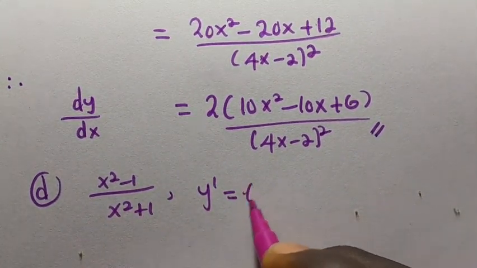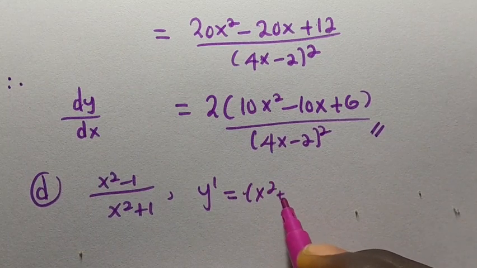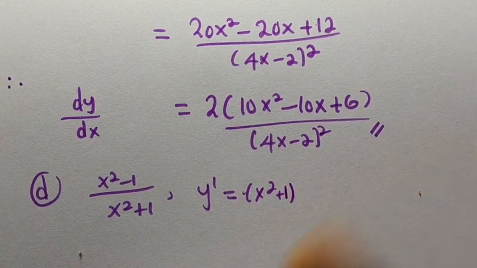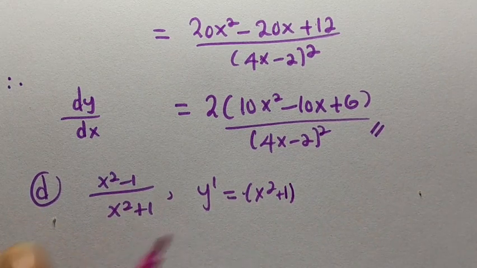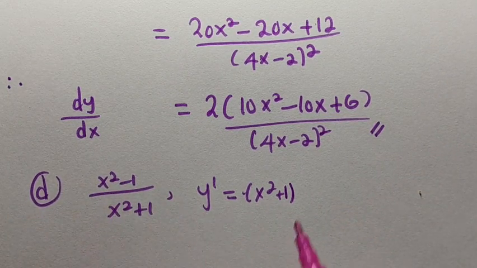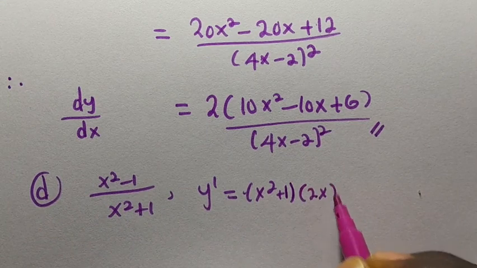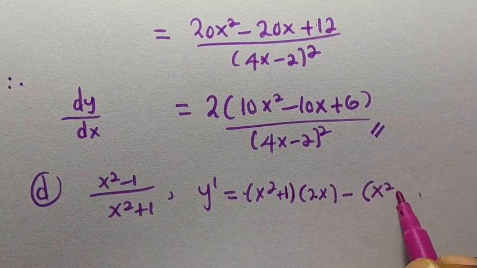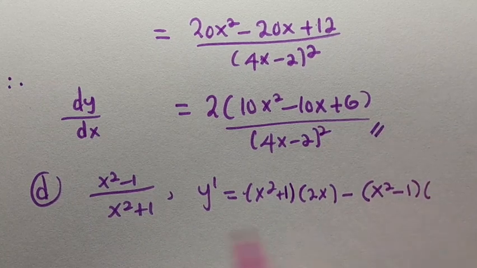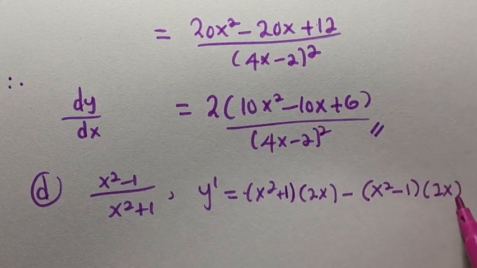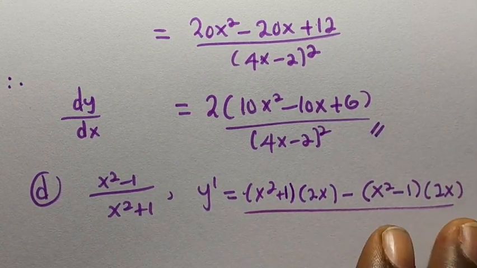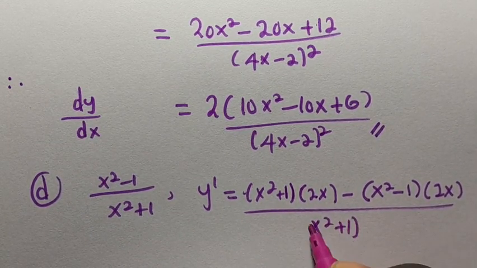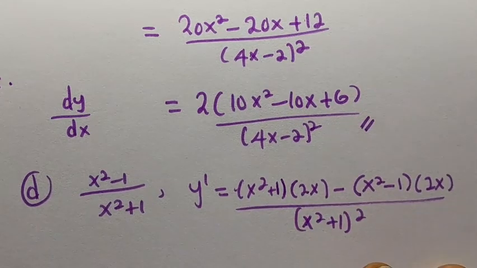We keep it, we have it to be x squared plus 1 multiplied by the du/dx, we have it to be 2x. We keep this, multiplied by this, we have it to be 2x, all divided by (x squared plus 1) all square.